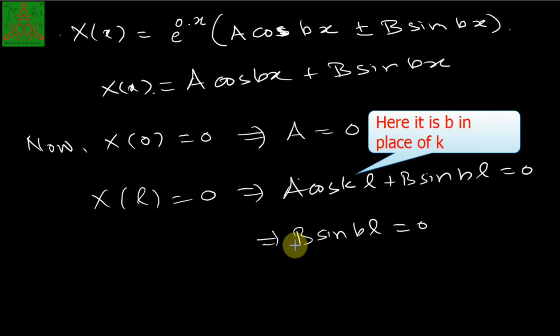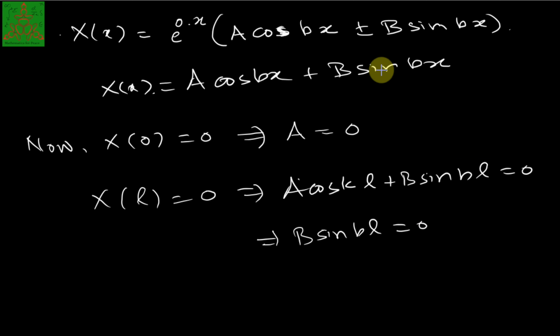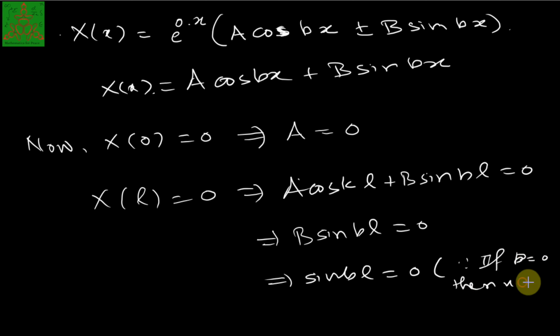If b is also 0, then we have a 0 solution again. b can never be 0 because we are looking for a non-zero solution. So we can say that sin bL is 0, because if b is 0 then X is 0. That means our solution is 0, and we are not looking for a 0 solution.